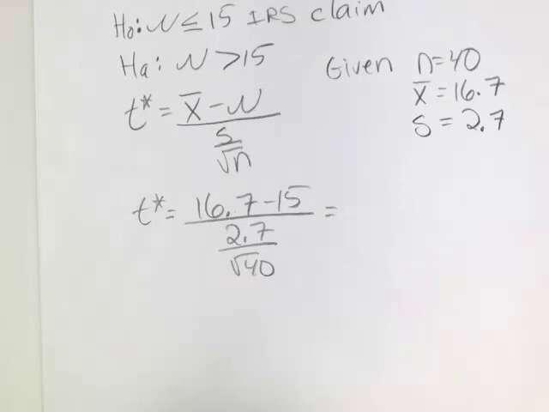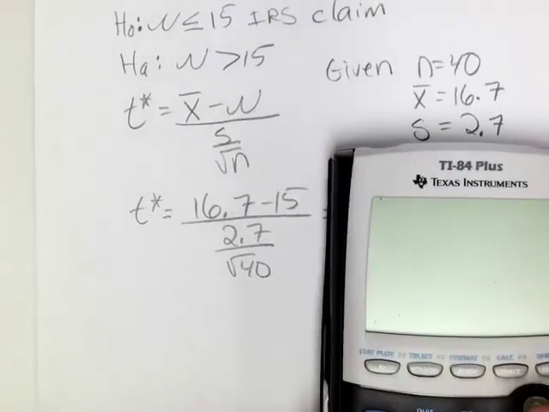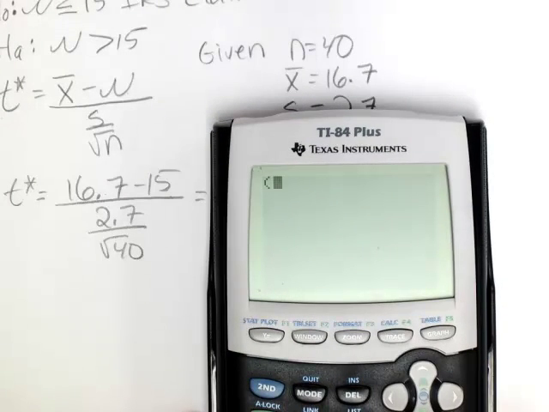Putting this into the calculator, 16.7 minus 15 divided by 2.7 divided by the square root of 40.